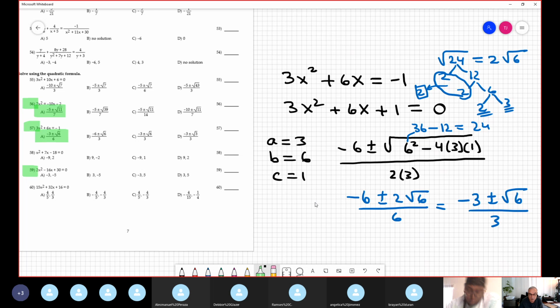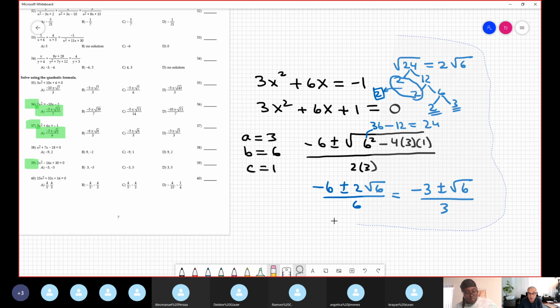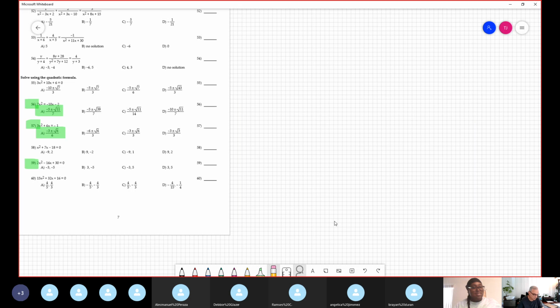Guys, how do you feel in the application of the quadratic formula? Strong? Honestly, what method do you want to solve the quadratic equation? The quadratic formula or by factorization? Opinion.